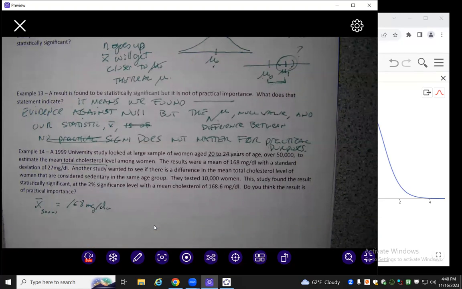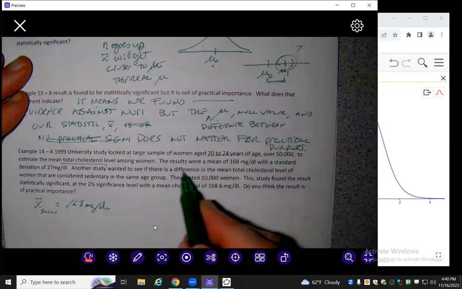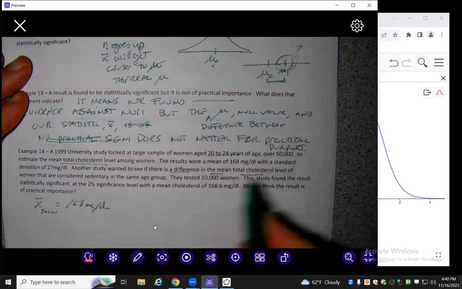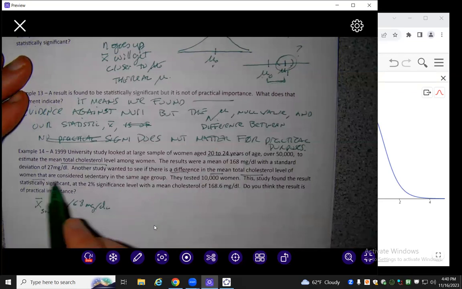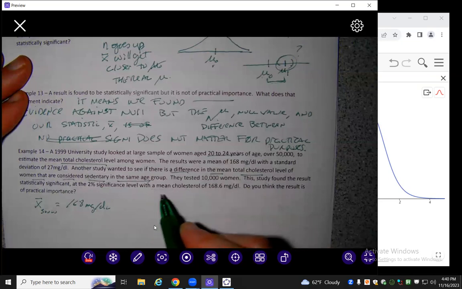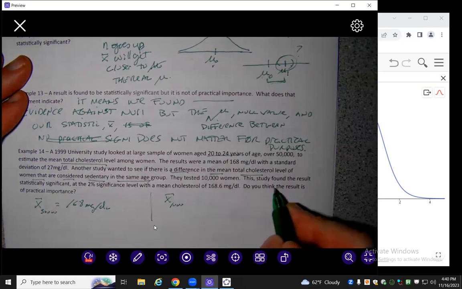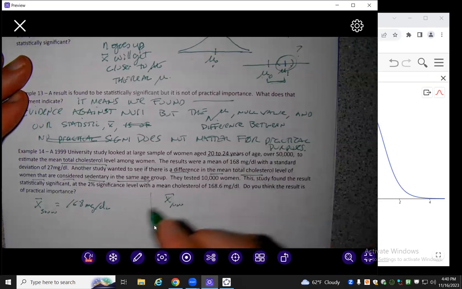Okay, great. Another study wanted to see if there's a difference in the mean cholesterol level of women that are considered sedentary in the same age group. So now they tested 10,000. And this study found the result to be significant at the 2% significance level.